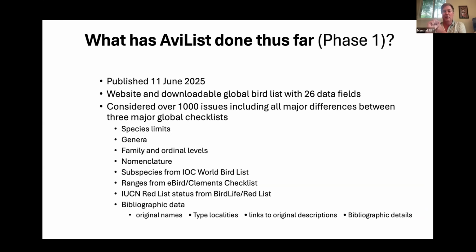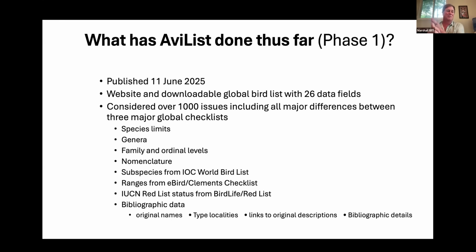You can download the global bird list. There's a long and short version. The long version has 26 data fields. The short version has the more essential ones, the names and ranges and families and things for each one. In the process, we considered over 1,000 separate issues, which might have involved 3,000 or 4,000 different taxa.